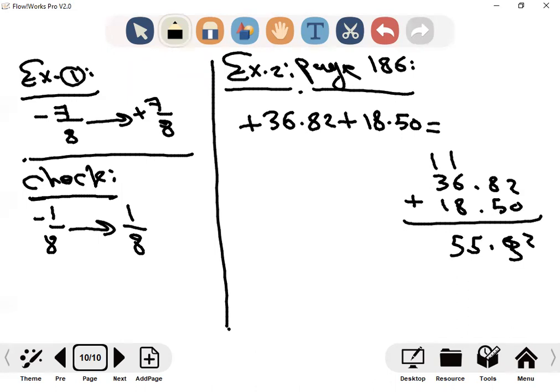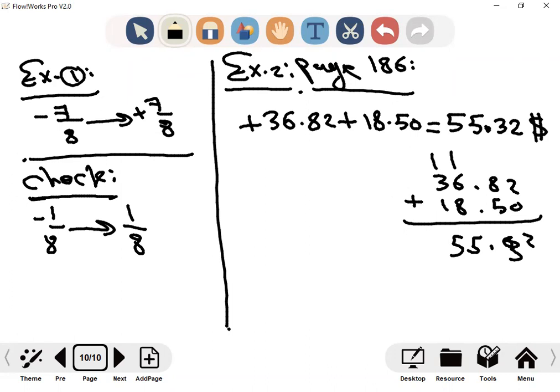So the total amount of money she earned is 55.80. Dollars. Okay? Let me fix it. $55.32 is the total amount she earned, right?